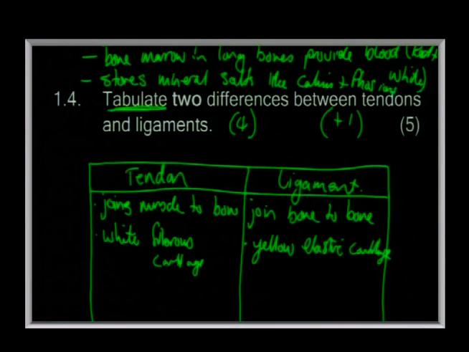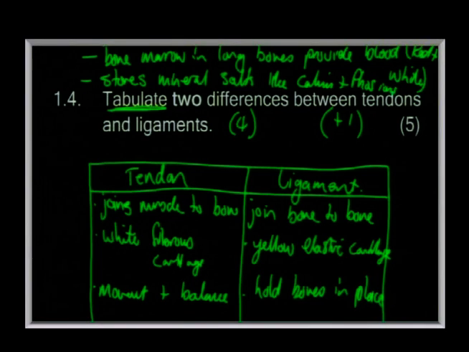Okay, I'm trying to think of a third one. Tendons would be for movement and balance. And if we look at ligaments, they will hold bones in place, especially at joints.